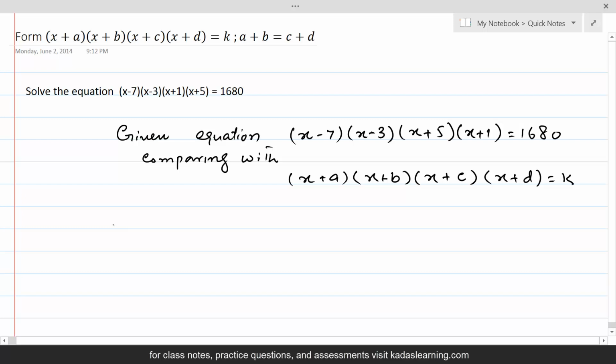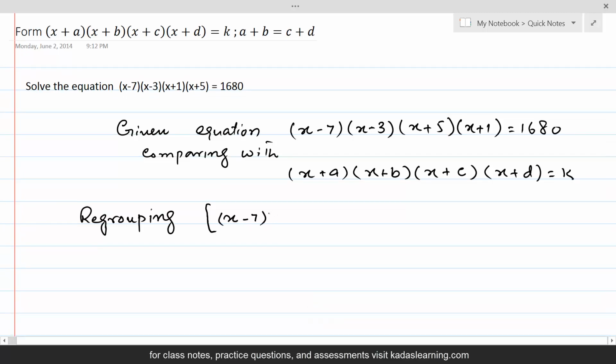Because we have this condition, a + b is equal to c + d. So regrouping, we will group two factors together. Here we have x - 7, and we'll combine it with the other factor, x + 5. The other two factors, x - 3 and x + 1, will be grouped separately.